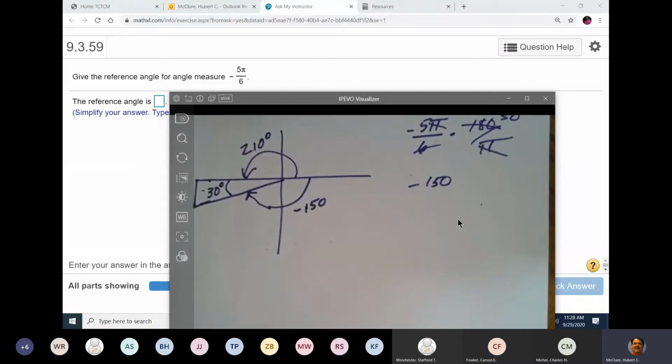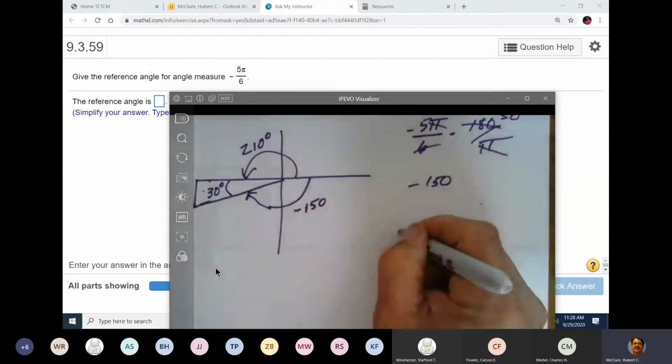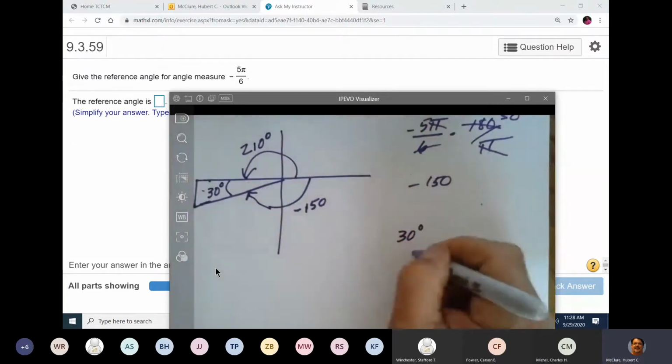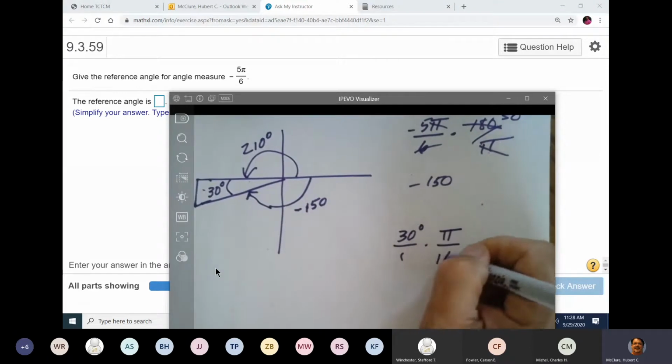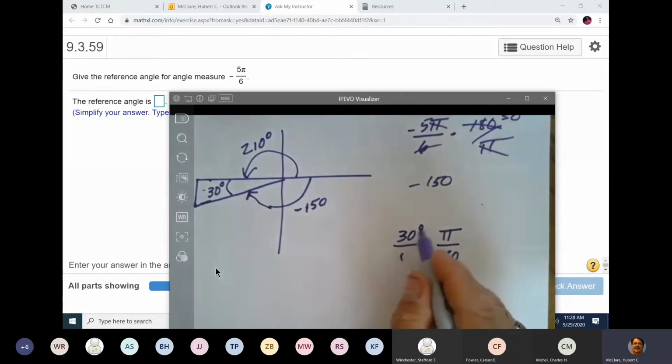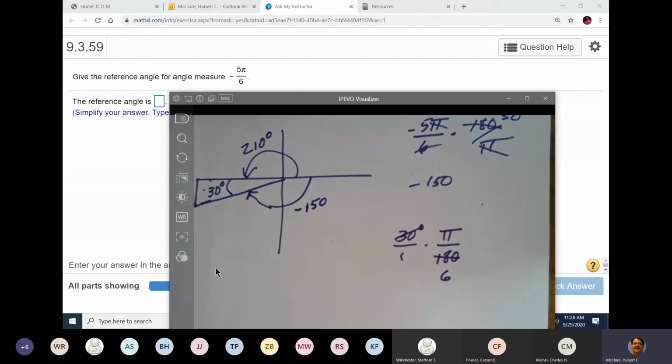So it looks like to me that it should be, okay, 30, we got to change it back. So I'm going to go to 30. So 30 degrees over 1 multiplied by pi over 180. And that's going to go in there, pi over 6. So I guess pi over 6.